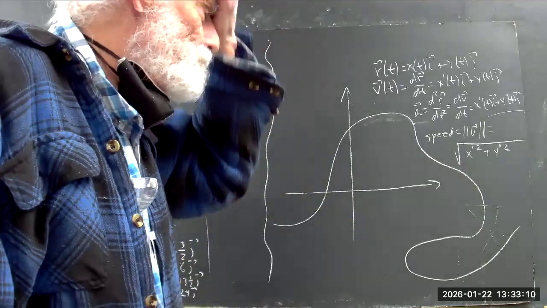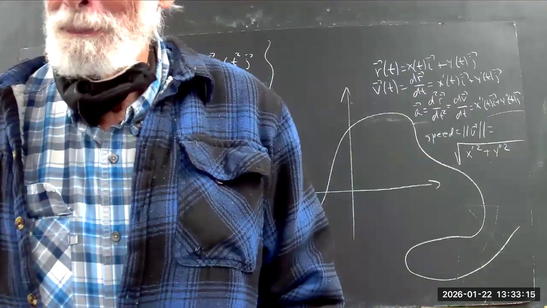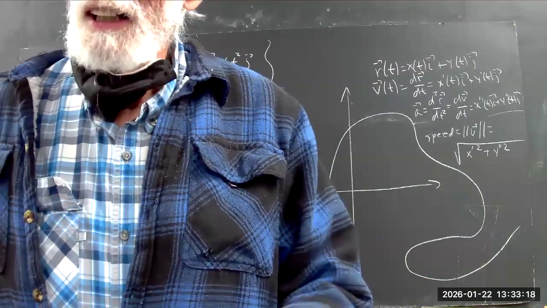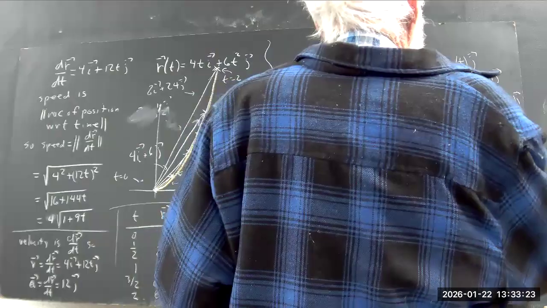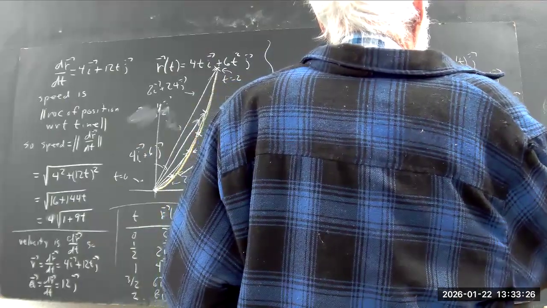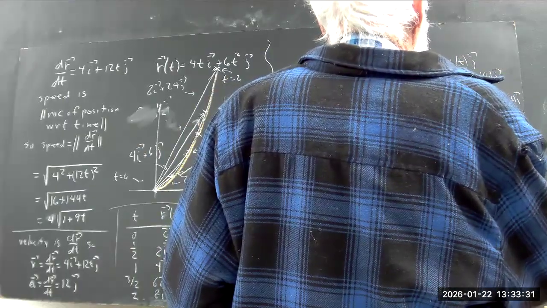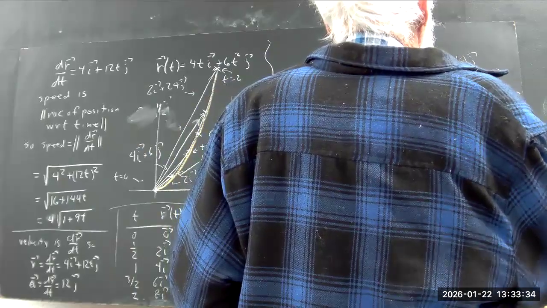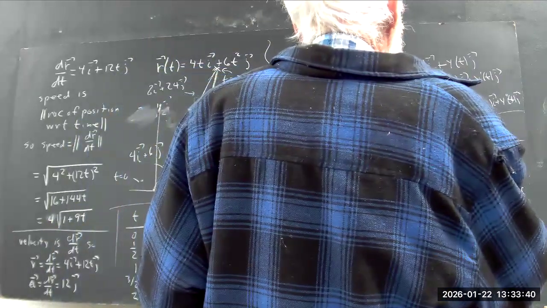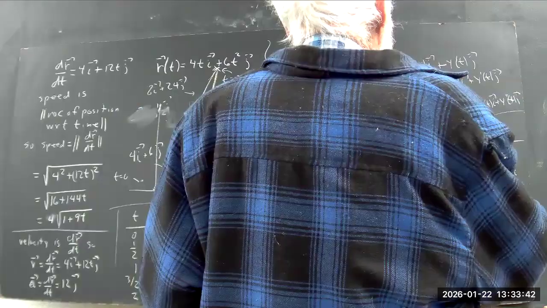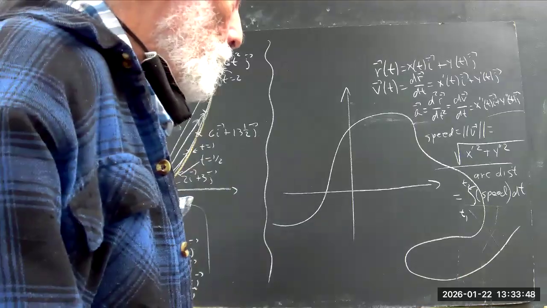Okay, so finally somebody said you integrate the speed with respect to time. Yeah, that's how you get distance. So it's the integral of speed with respect to time from like T1 to T2. Written a little small, but it's an obvious integral.